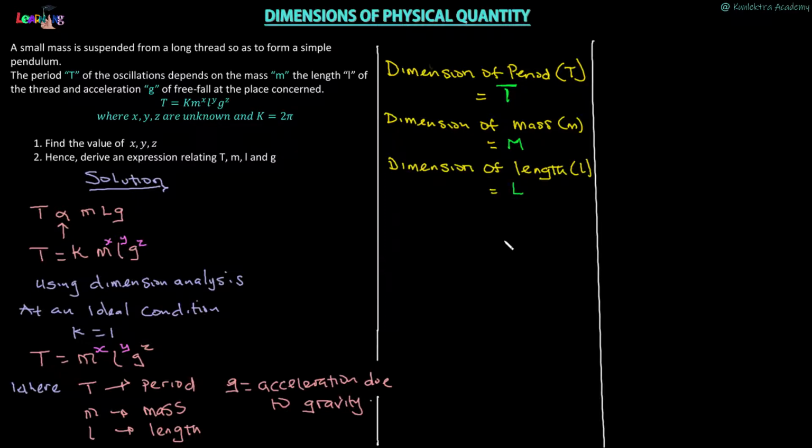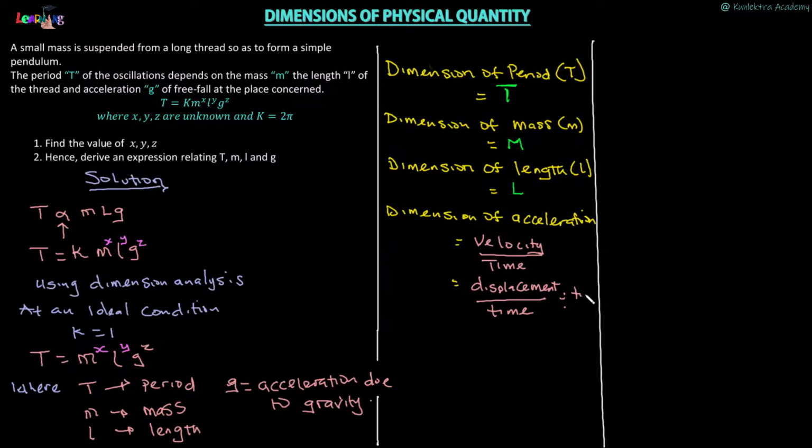Now, here is acceleration. The dimension of acceleration will be calculated because it's not among the fundamental quantities; it's a derived quantity. What is the formula for acceleration? Velocity over time. Velocity is displacement over time, so you have displacement over time divided by time.